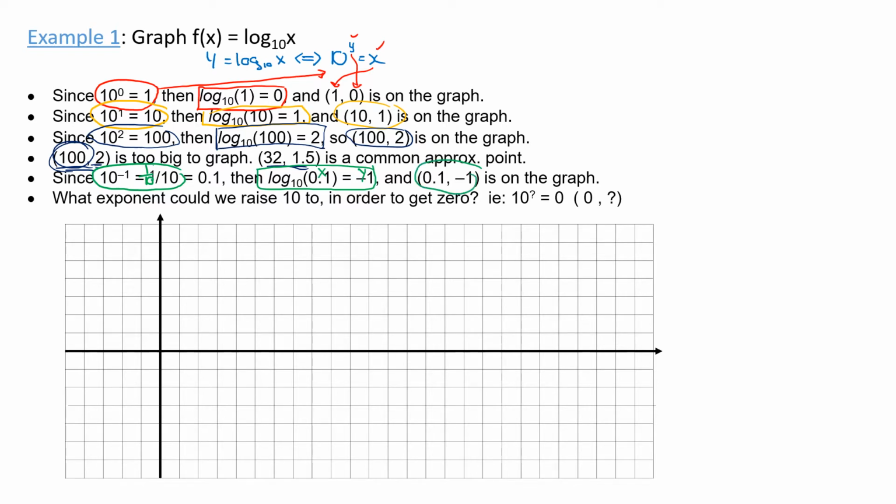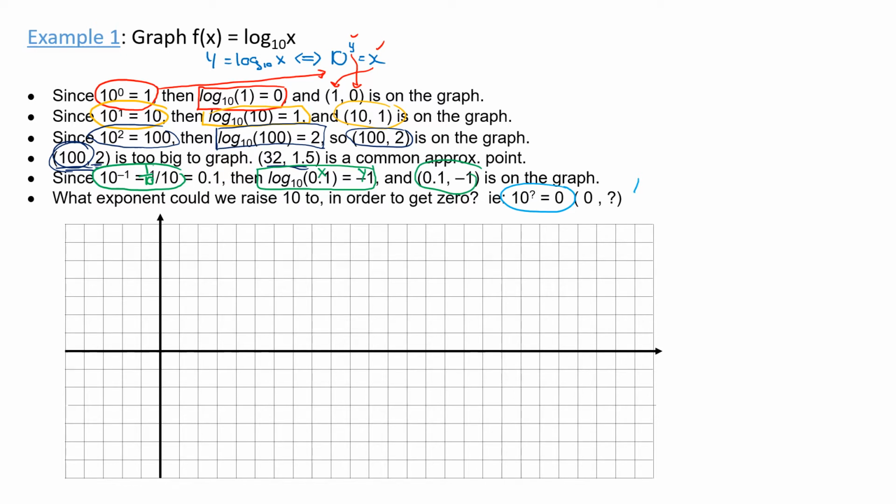The last line here says, what exponent could we raise 10 to in order to get 0? So what I'm saying there is, 10 to the power of what is 0? Do you have an answer for me?